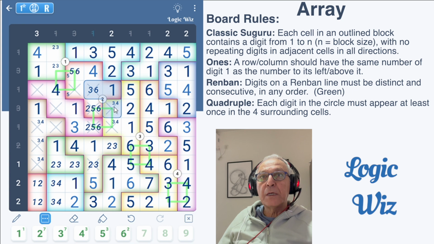So we must have here a 2. This one must be a 2. And this must be a 5 because we cannot get a 6 consecutive to it. So a 5.